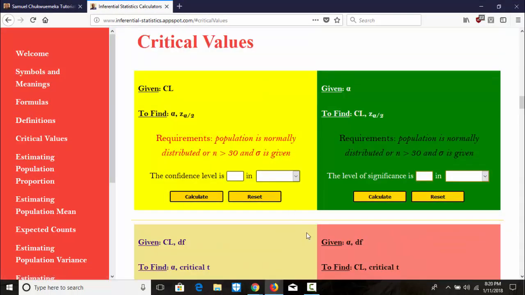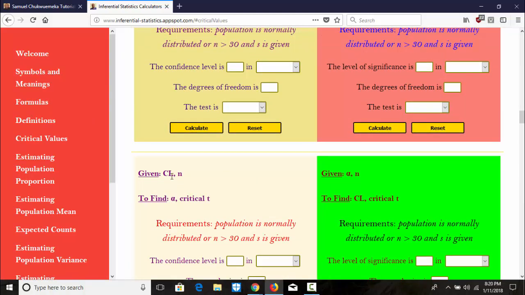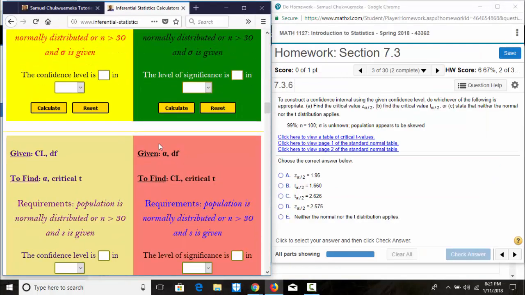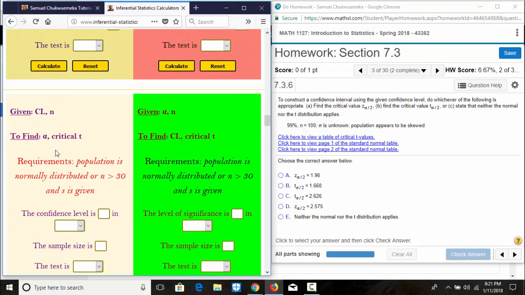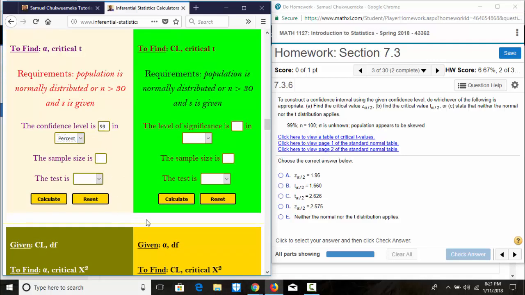If you click critical values, they gave us the confidence level and the sample size. So this is the one we're going to use here, and we have to find the critical T. For confidence level, we put 99 and select percent. Sample size, you put 100.